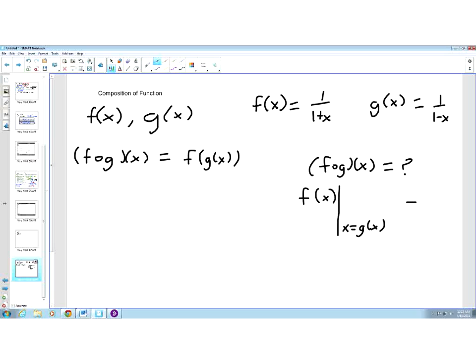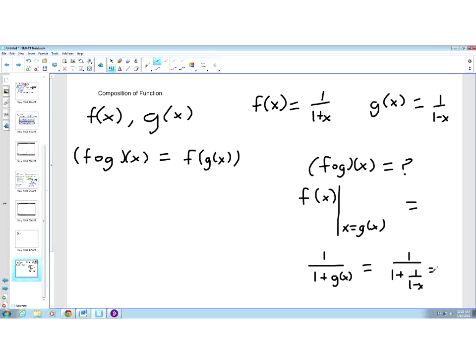So this would equal 1 divided by g of x. See how I replaced x with g of x? And then the next thing you do, of course, is you replace g of x in your expression with the definition of g of x, which is 1 over 1 minus x. And then you can simplify.